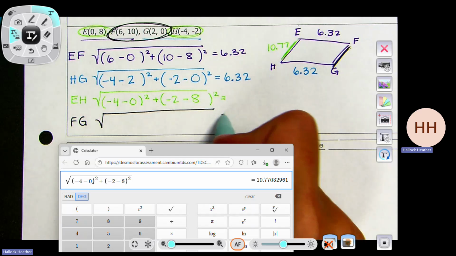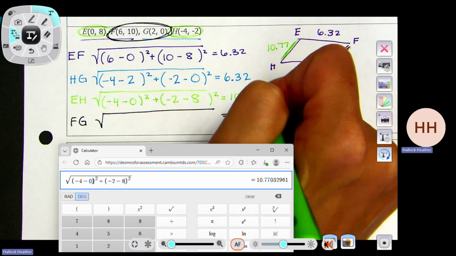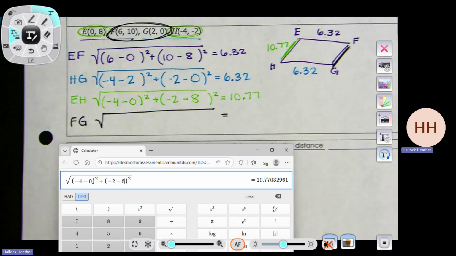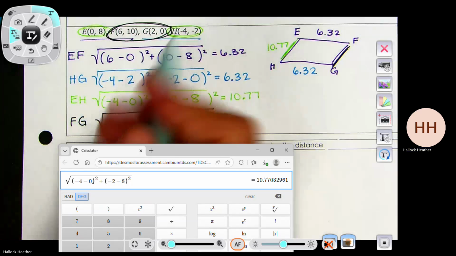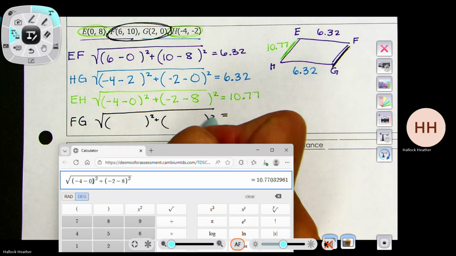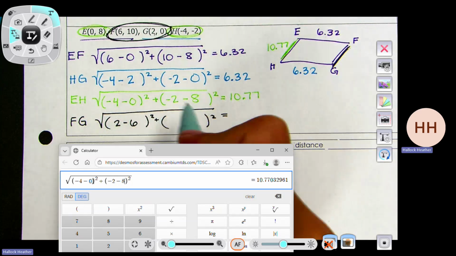And when you're doing this, you do not need to write out the work, honestly. You don't have to write it on your paper if you don't want to. You can literally just type it into the calculator and put the decimals on your paper. So we're doing 2 minus 6, 0 minus 10.